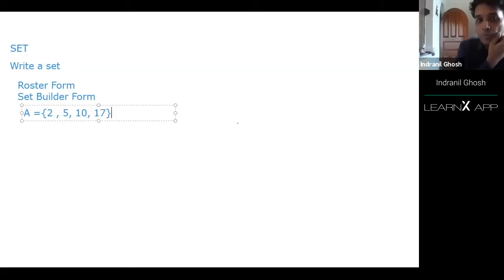Can you tell me what should be the set builder form for this one? Try this, and I'm giving some more problems.